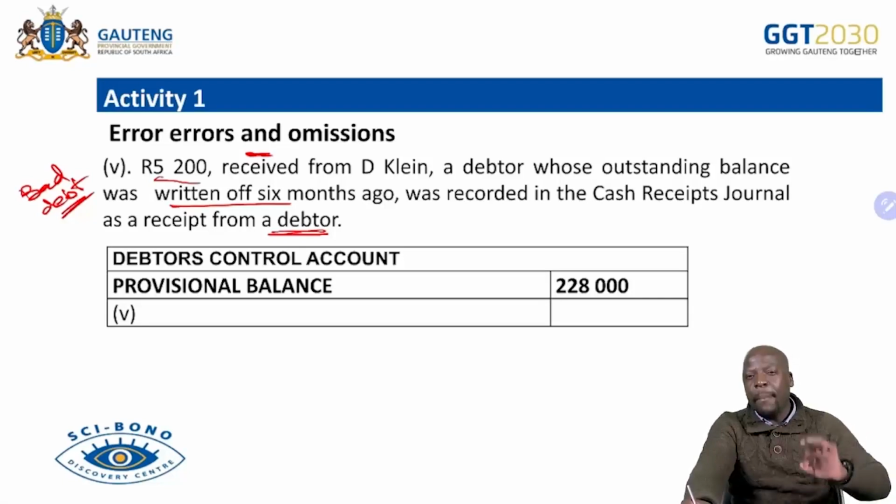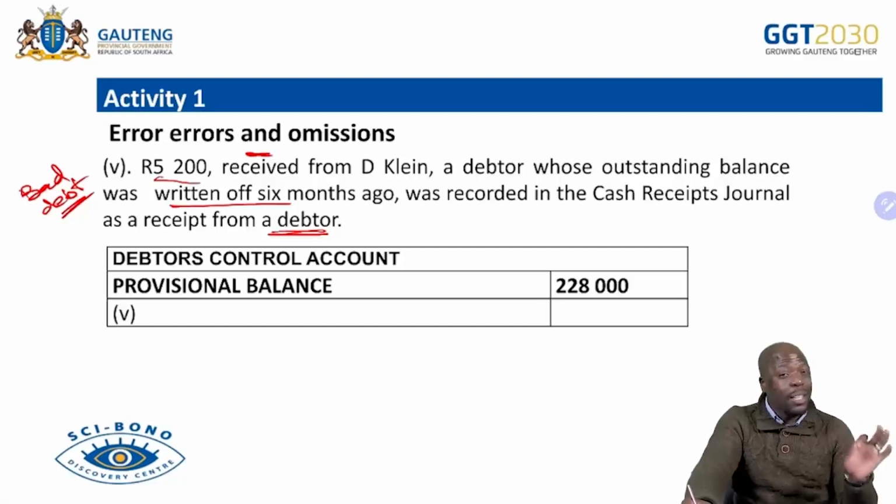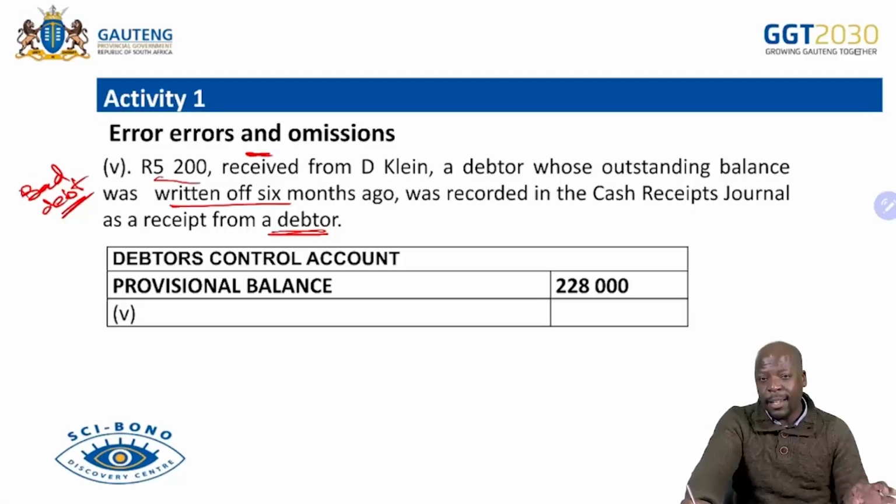If that amount is later recovered, it is going to be treated as bad debts recovered. It will not fall under the debtors column in the CRJ. Rather, it will be bad debts recovered. Now, the error made in this case was that the amount which we received from a debtor who was written off, a bad debt, was not recorded as a bad debt recovered. It was recorded as if a good debtor is now paying us, which is not the case.